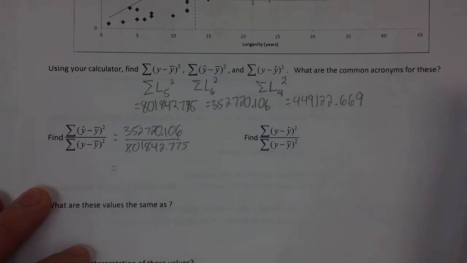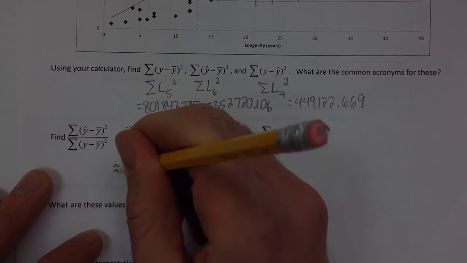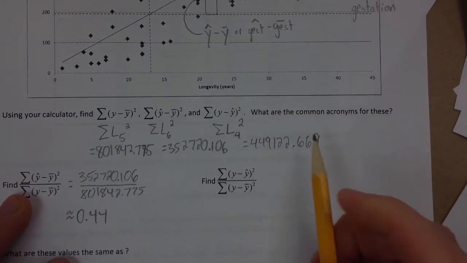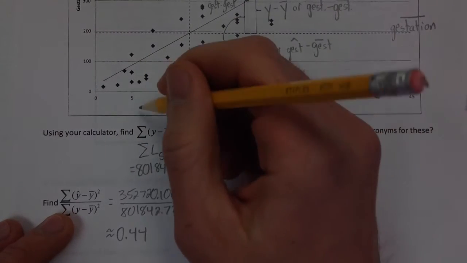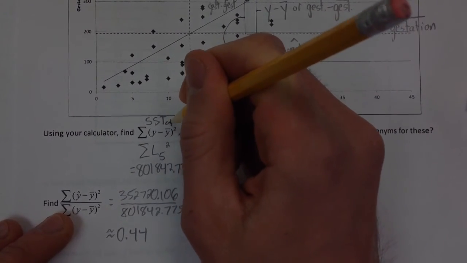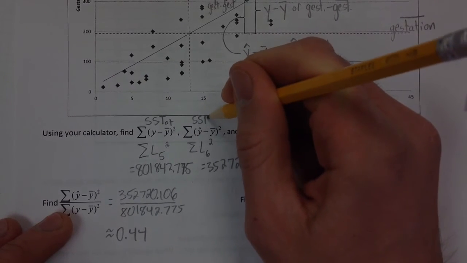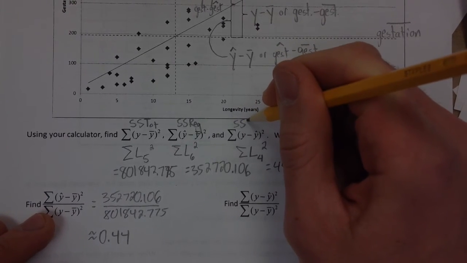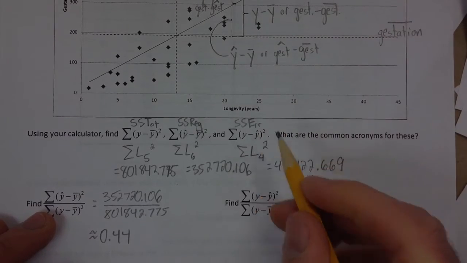It's about 0.44. Oh, and I apologize, I didn't answer this question. What are the common acronyms for these? This first one is sum of squares total. This one is sum of squares regression. And the last one is sum of squares error, because it's the residuals.